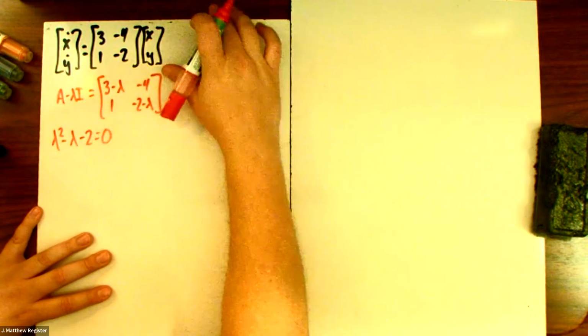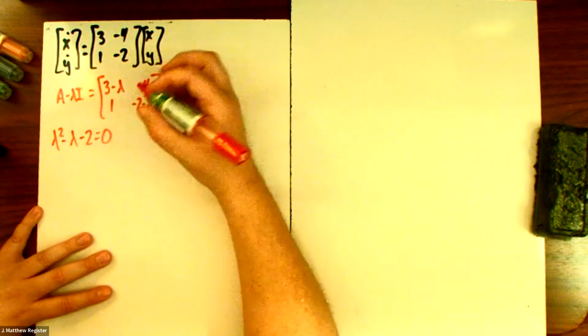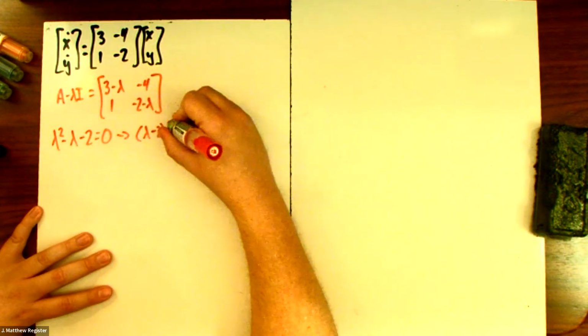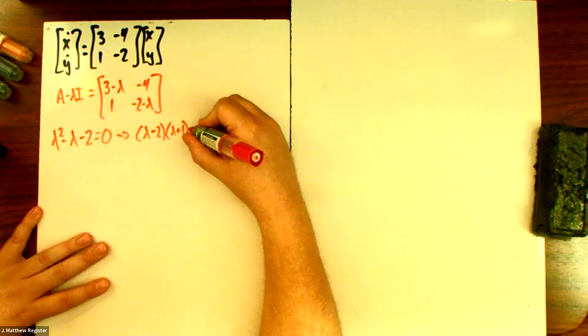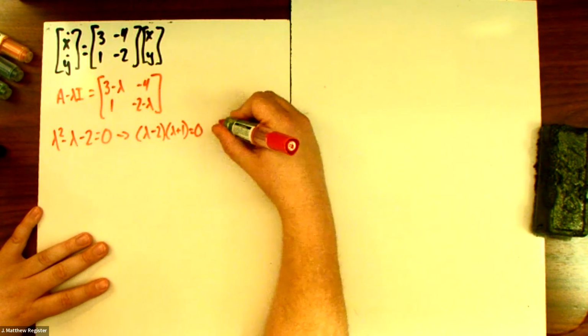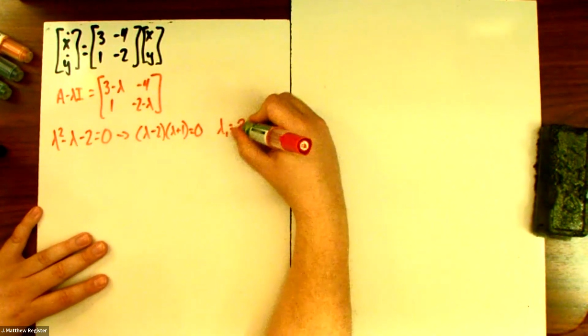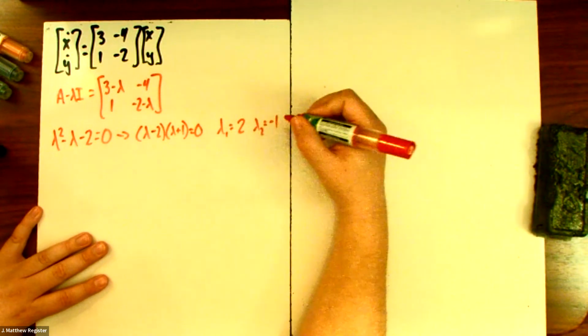Those easy computations are the easiest ones to get wrong, so be careful. This factors to be (lambda - 2)(lambda + 1). And that tells us that lambda 1 is equal to +2, and lambda 2 is equal to -1.